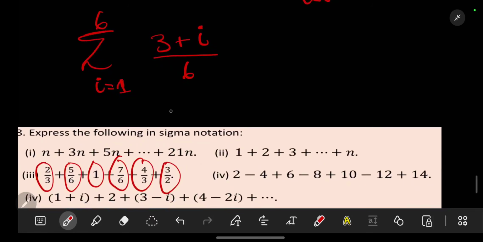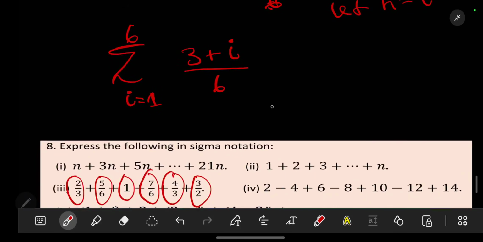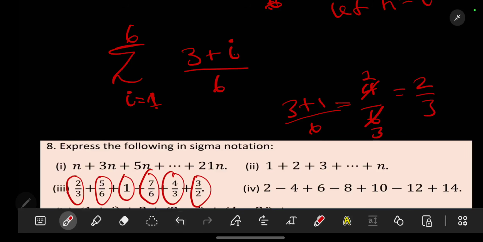So you can verify that if you put 1 in I, it will be 3 plus 1 over 6, which will be 4 over 6. This can be reduced. 2 can enter into 4 and 2 can enter into 6 to give you 2 over 3, like that.